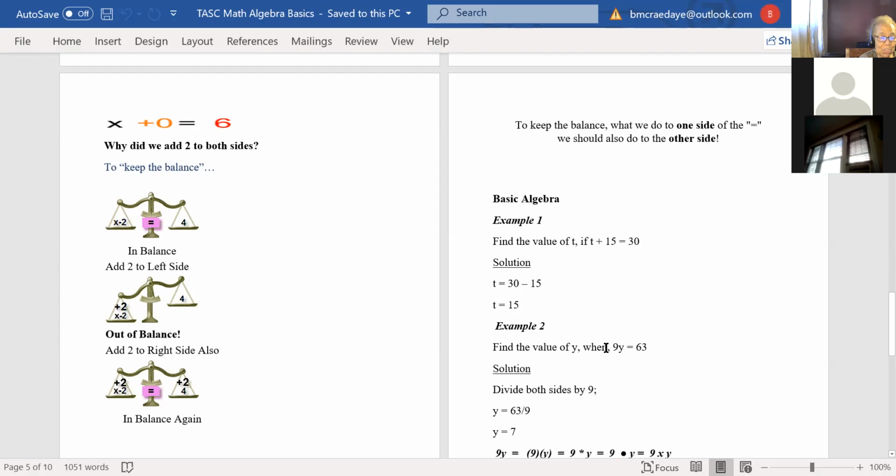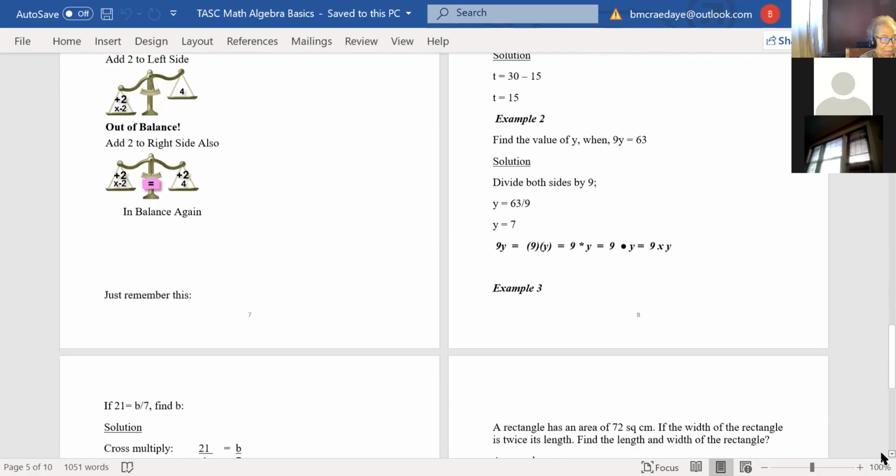So what you do is you multiply, opposite operation. I'm sorry, this is multiplication. So the opposite is division. So you divide both sides by 9, and 63 over 9 is 7. Okay, so 9 times y means multiplication, 9 multiplied by y. Opposite operation, division by 9, gives you the answer 7.